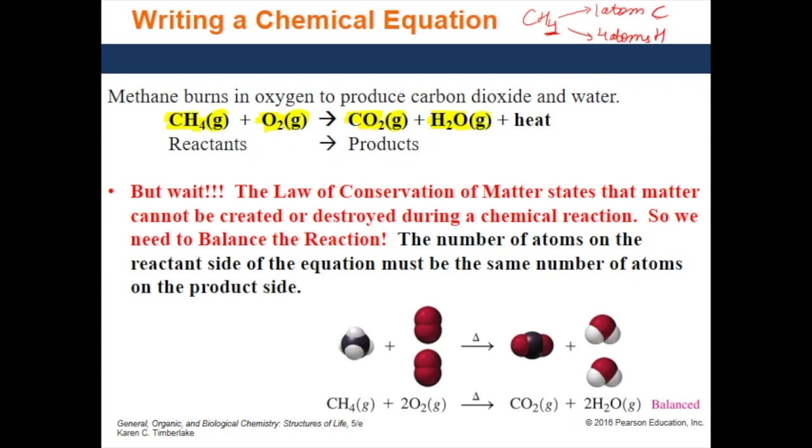Most commonly, something is solid, so it's written as (s) in parentheses, liquids are written as (l), gases are written as (g), and another commonly used state is (aq). AQ stands for aqueous. Aqueous means something is dissolved in water.